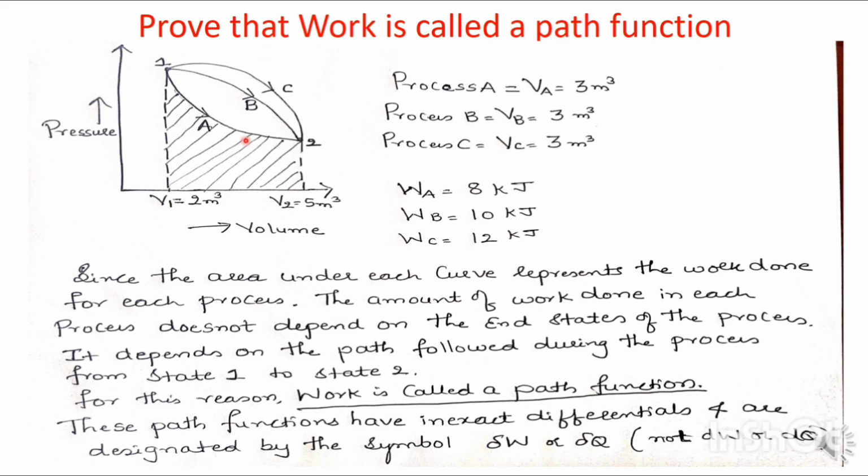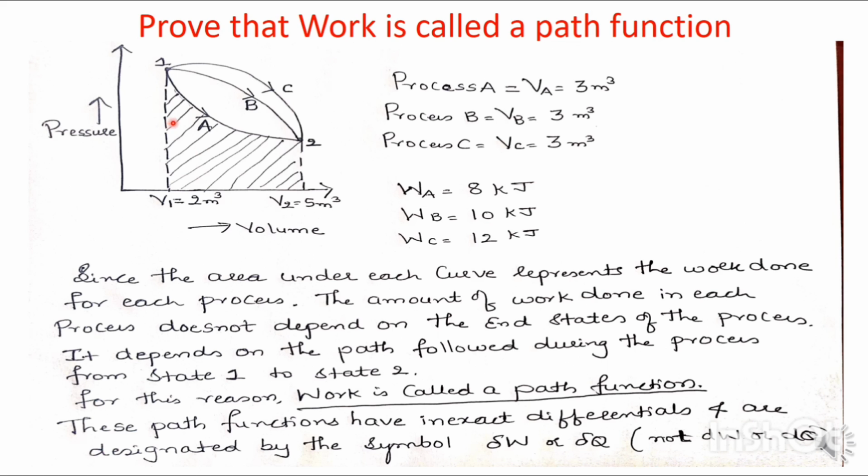And these path functions have inexact differentials, because if I follow this path, the work done is different, and if I follow that path, the work done is different. For that purpose, path functions always have inexact differentials, and they are designated by the symbol delta W or delta Q instead of dW or dQ.